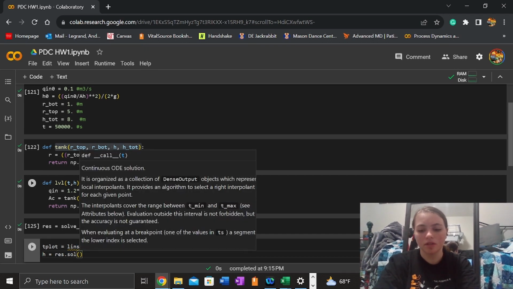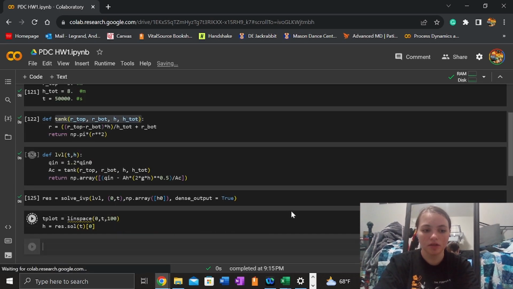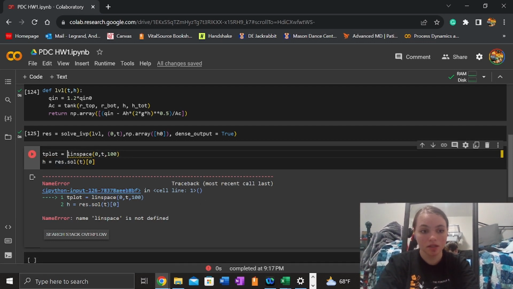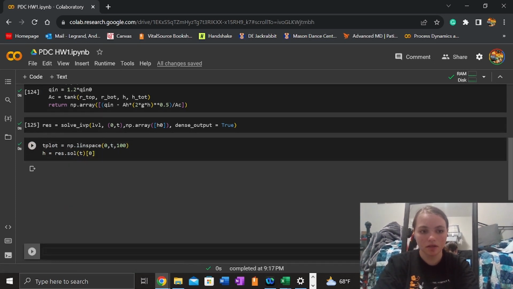And then we're going to do T, and then we only want the first value, so we're going to put 0 in the array. Shift enter. Nope. Oh, np dot linspace. Whoopsies. Np dot shift enter. Cool.